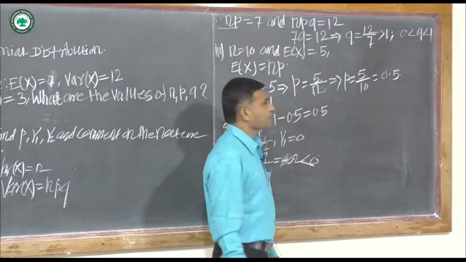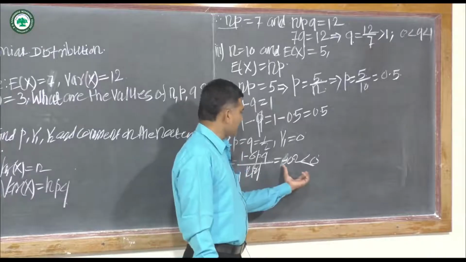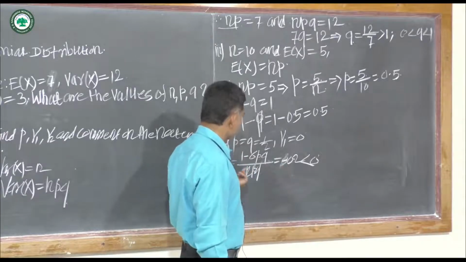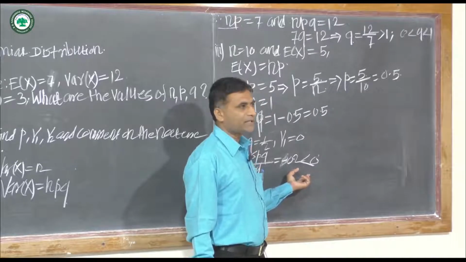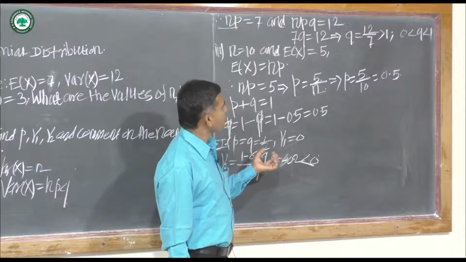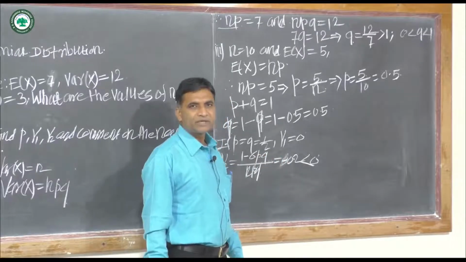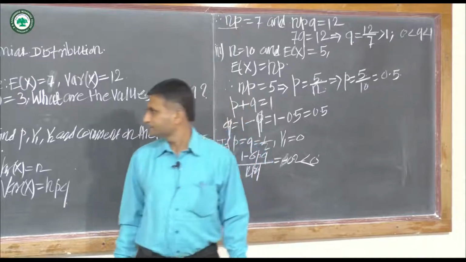Therefore, the nature of the distribution is symmetric and platykurtic. If gamma 2 is less than 0, in that case the type of distribution is platykurtic. Therefore, the nature of the probability distribution is symmetric and platykurtic.